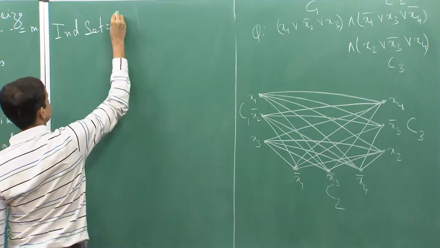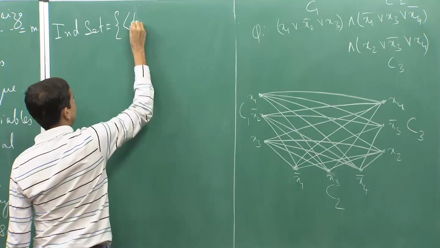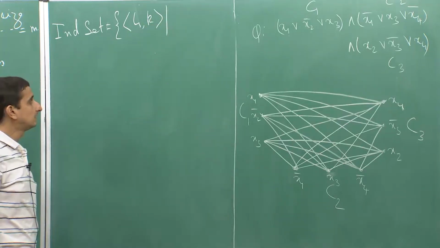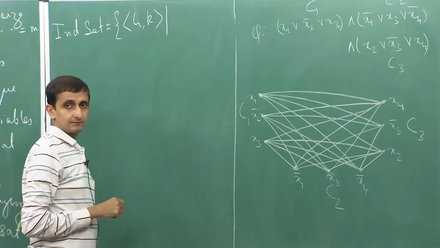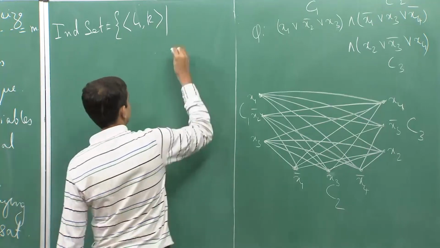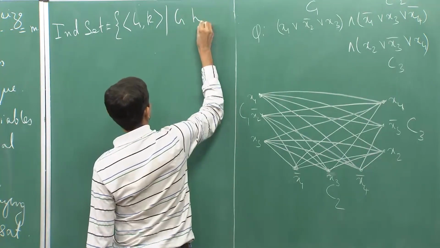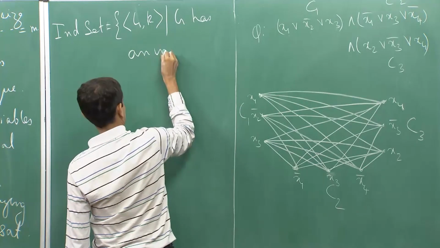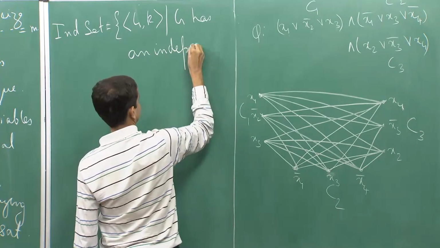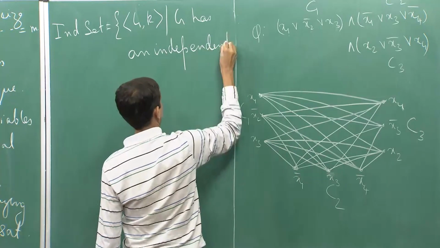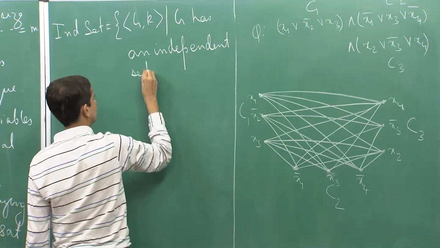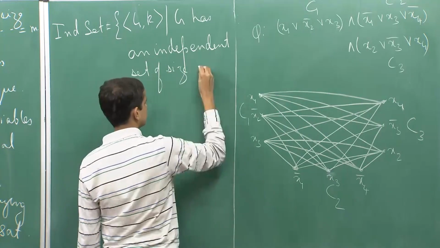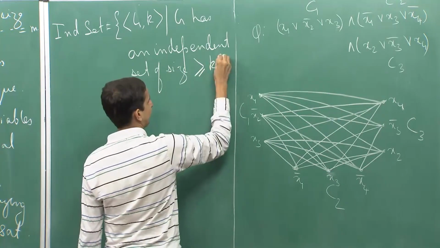It is defined as the set of pairs of the form G comma k, such that G is a graph, and G has an independent set of size at least k.